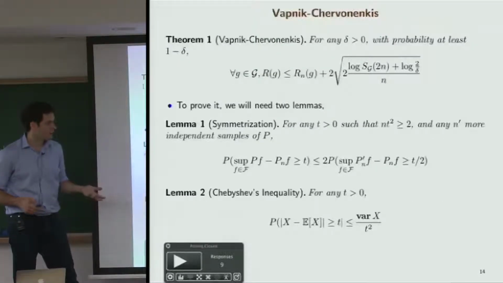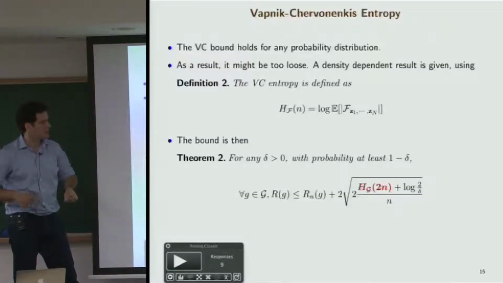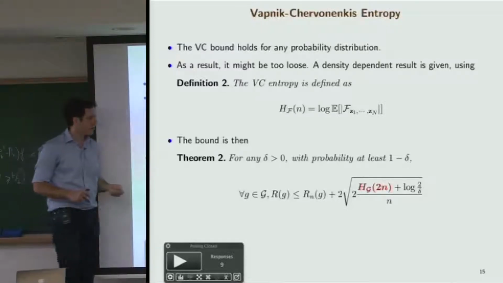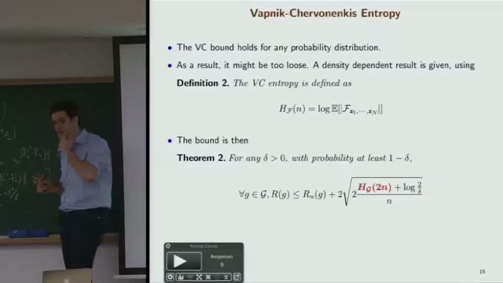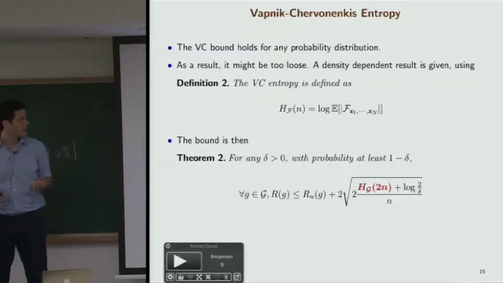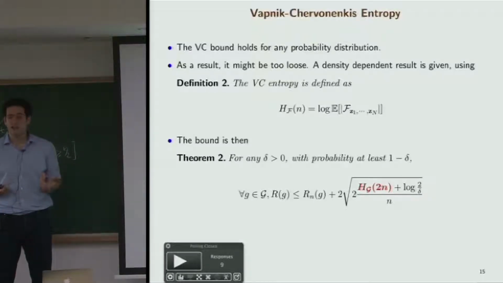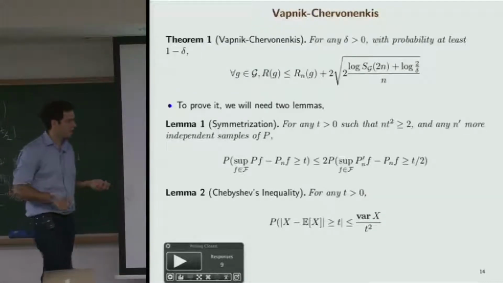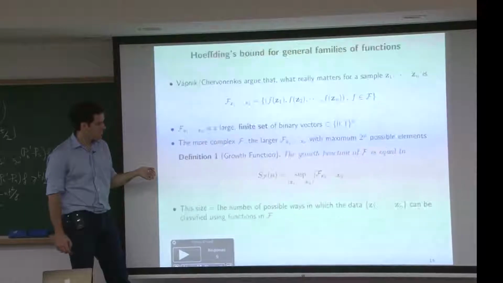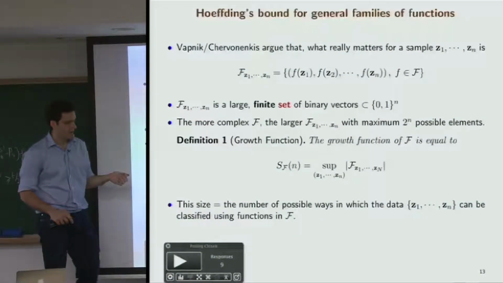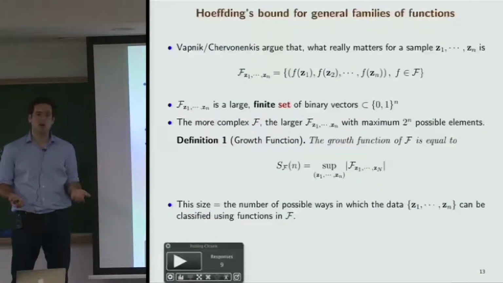So what Vapnik and Chervonenkis came up with is a different criterion. The biggest contribution of their new approach is to consider a quantity called the Vapnik-Chervonenkis entropy. If you look at this quantity here, it doesn't depend at all on the true probability of the data.